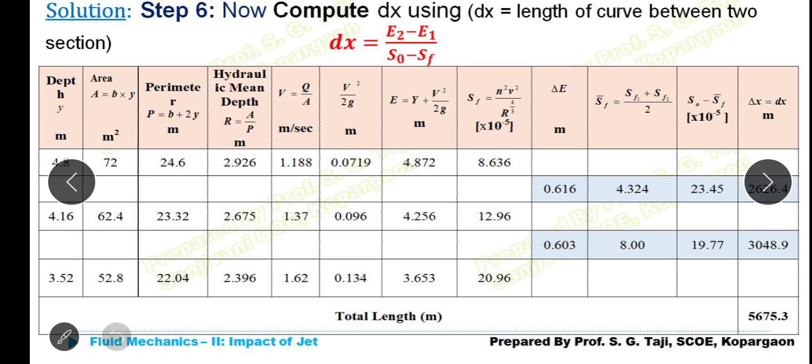But while studying at home, please calculate on paper one by one. Write the formula, A is equal to B into Y. Then P is equal to B plus 2Y. Likewise you write the formula for each parameter, calculate, and then enter it into the tabular column for 1 or 2, 3 problems initially.